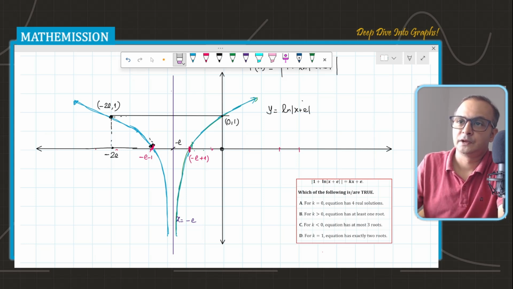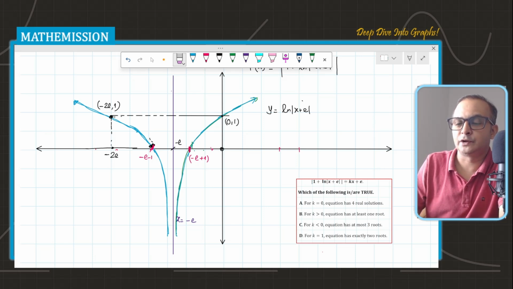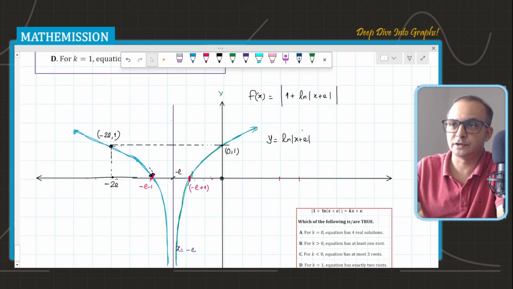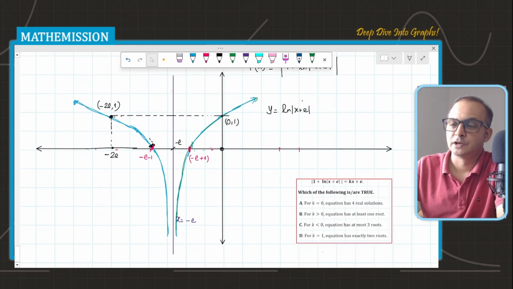All right. Now, after this, the question says that I have to shift this entire graph 1 unit above. So how do we shift the entire graph 1 unit above? We have to think. So what I'm doing, I'm just taking this portion and I'm shifting 1 unit above.